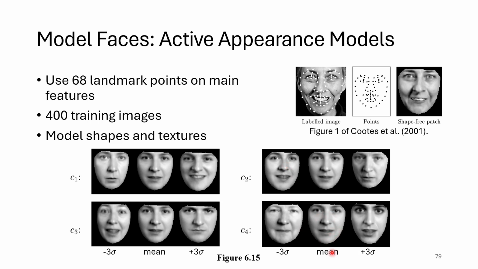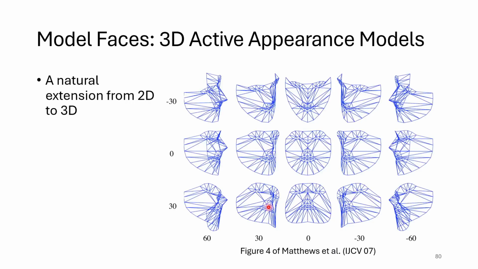And from this axis, I guess it is the size of the eyes. So the eyes here are quite larger. So this is another way to manipulate the face image.